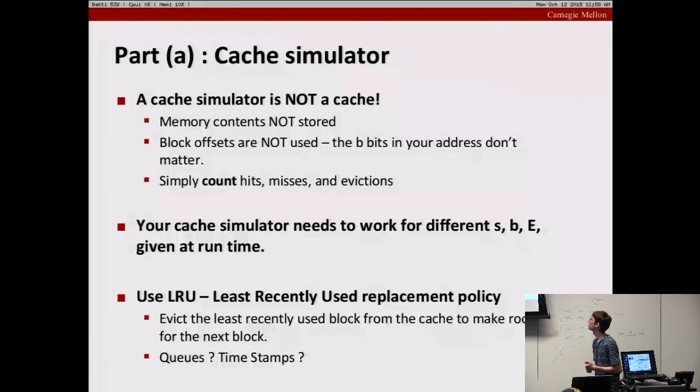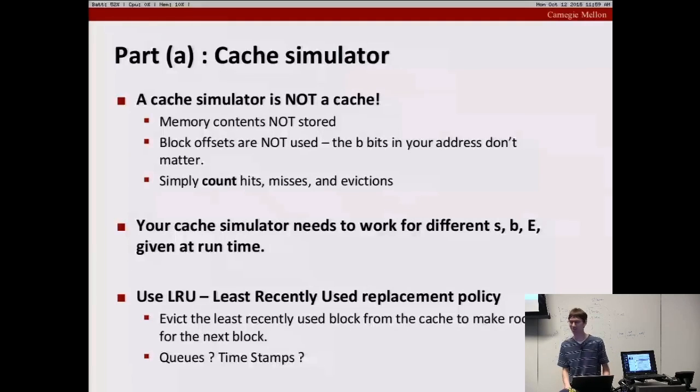An important thing to note, because some people are confused about this, is that you're not actually writing a cache. You're not actually storing any of this memory. You're just simulating the behavior: what would be the pattern of hits and misses if you actually had this cache. And of course, it wouldn't make sense to actually implement a cache, because you're writing a program that's using the actual cache.